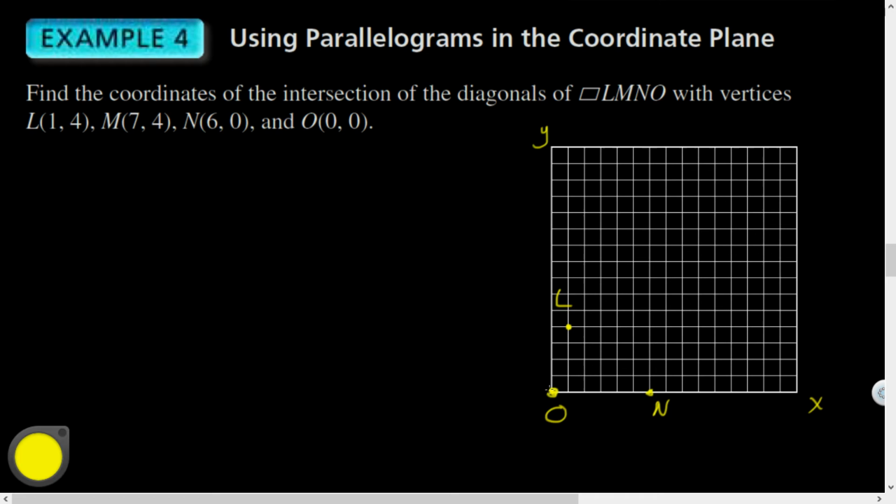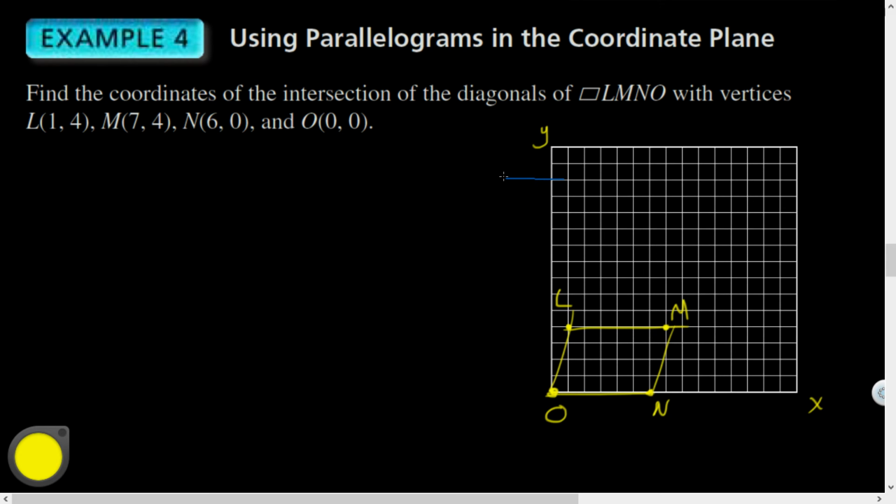So O to L is up 4 over 1, so there would have to be another point right there. Slope's a great choice because we are expecting opposite sides to have the same slope, since parallel lines have the same slope.